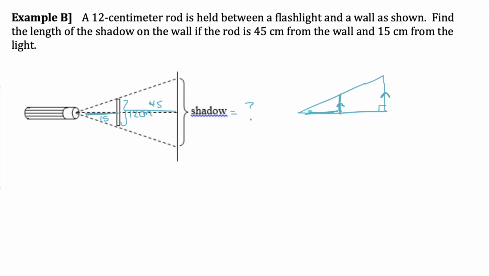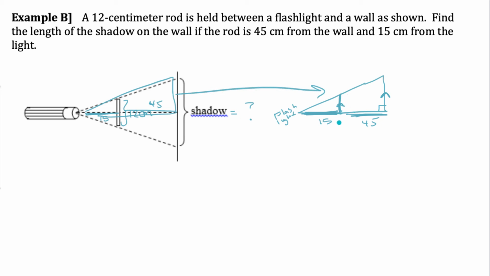And we're given that this is 15, right? This is my flashlight right here, right? So we know that this is given, this is 15, and that this is 45. And this was the rod, but this is only half of the rod, right? See how I pulled this triangle out, and I drew it here. So this is only half of the rod.